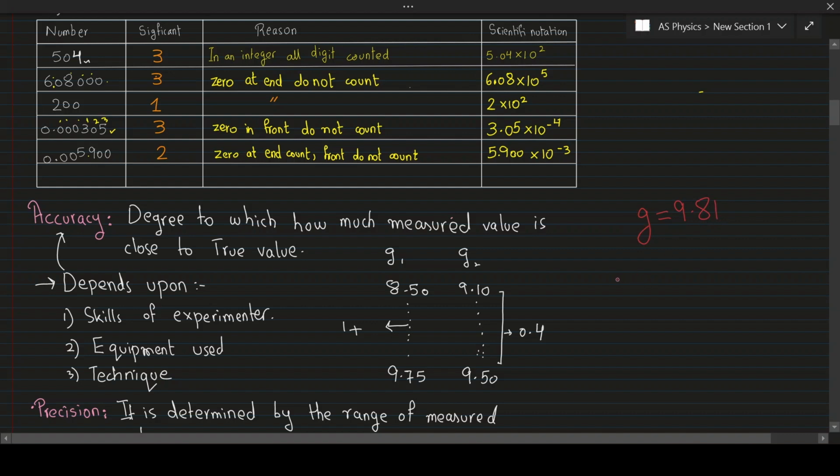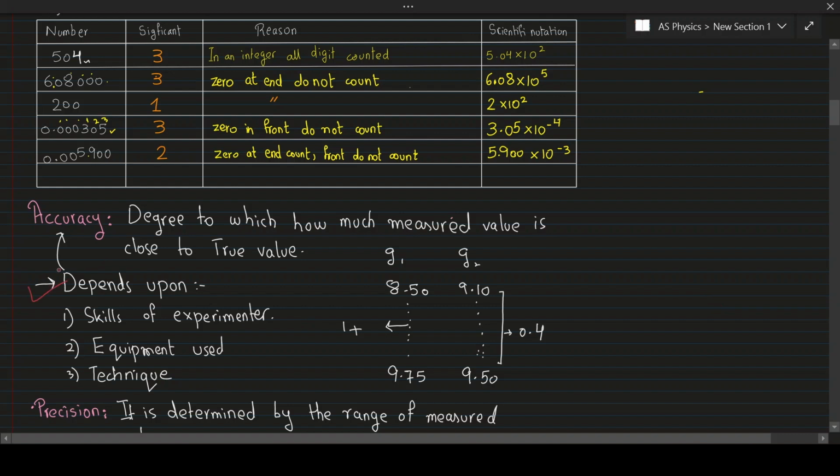But if we are doing an experiment, and we get 8.9, that is not accurate because it is not that much close to our true value. If we get a value of 9.7, that we can say is accurate, because it is close to our true value. So accuracy is how much your measured value is close to the true value.